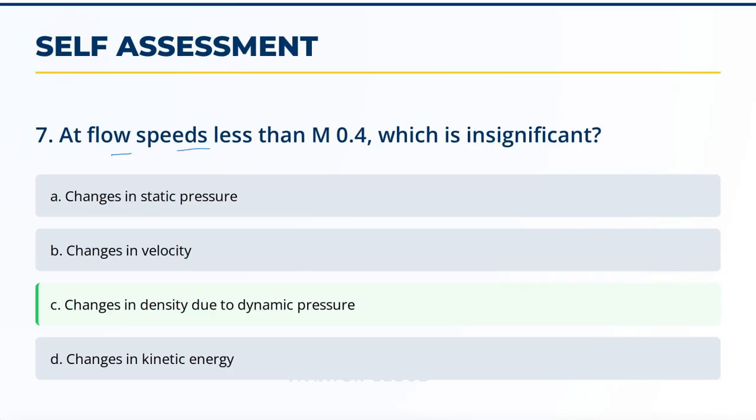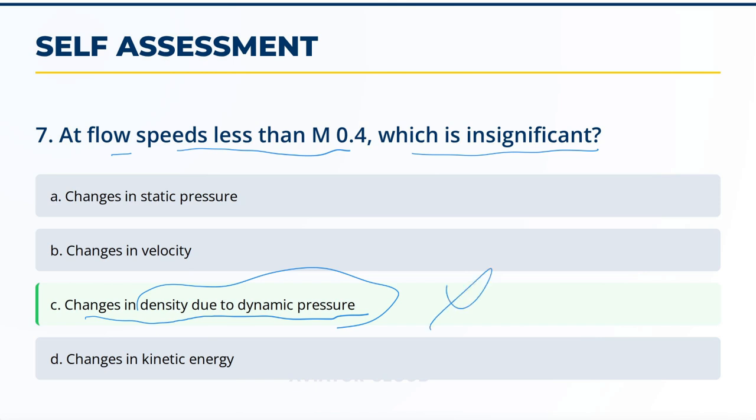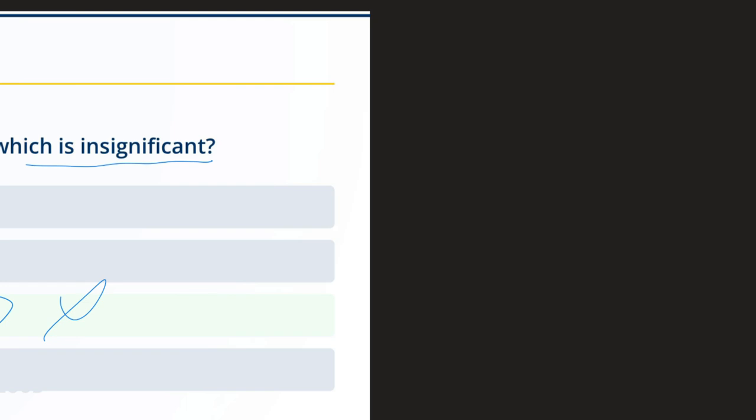At flow speeds less than 0.4 Mach, the changes in density due to dynamic pressure are insignificant. So rho we take as insignificant. Let me explain this. Let's say dynamic pressure is half rho v square. But you are flying at very low speed, less than 0.4 Mach. In that case, what happens?